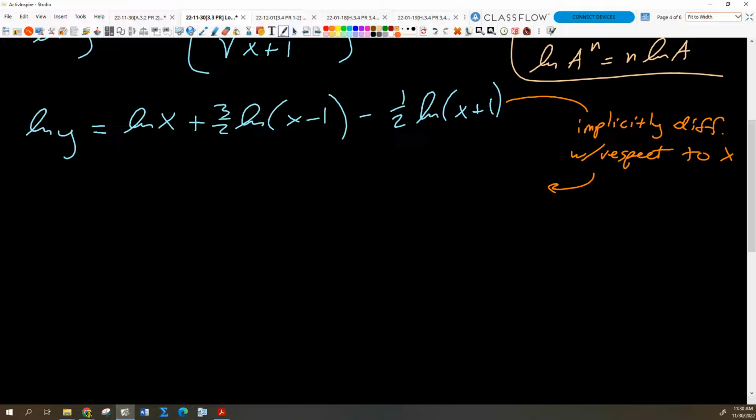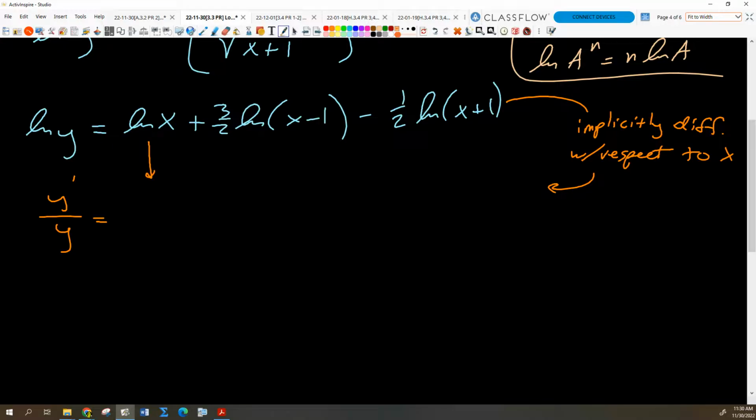So what does that give us on the left side? What's the derivative, Max, what's the derivative of log y with respect to x? Y prime over y. Yep, makes sense? Yeah, right? Because what's the derivative of log u with respect to x? U prime over u. Well, what's the difference between y and u? I mean, it's just trading one for the other, right? So y prime over y equals, what's the derivative of log x?